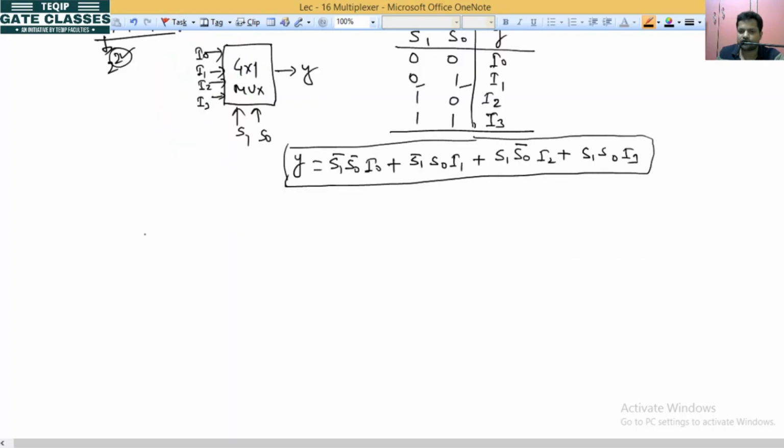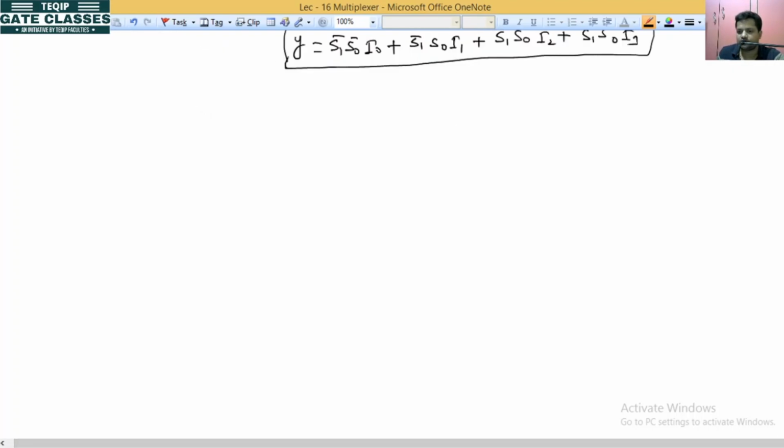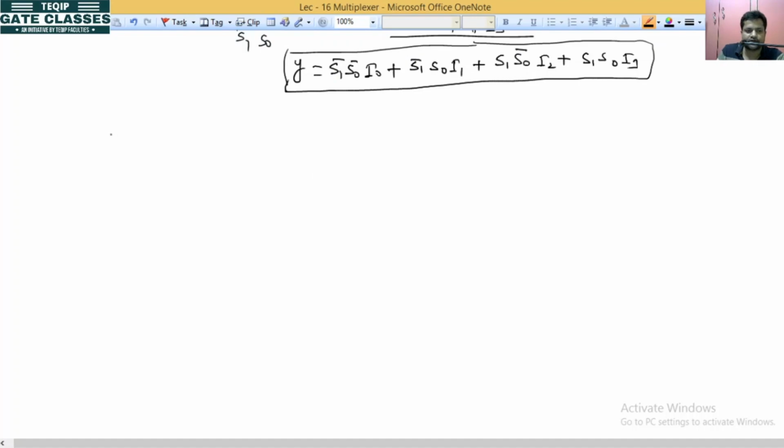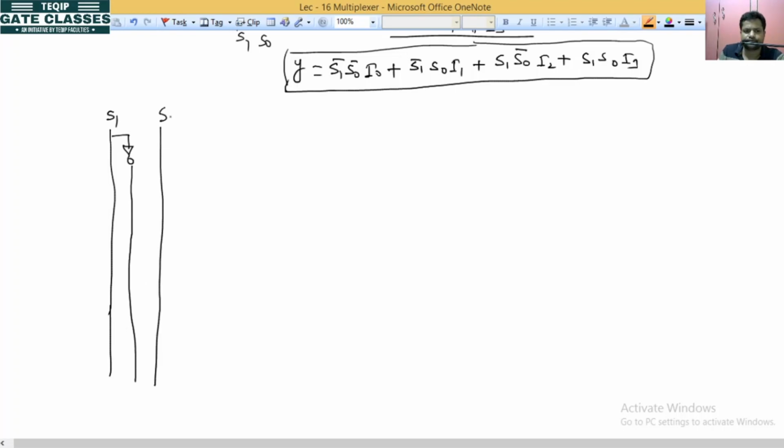Okay? Now if you want to design the circuit diagram, you can easily design it here. So we have S1 and we have S1 bar also, so apply a NOT gate here. Now we have S0 and we have S0 bar also, so you can place one NOT gate here.